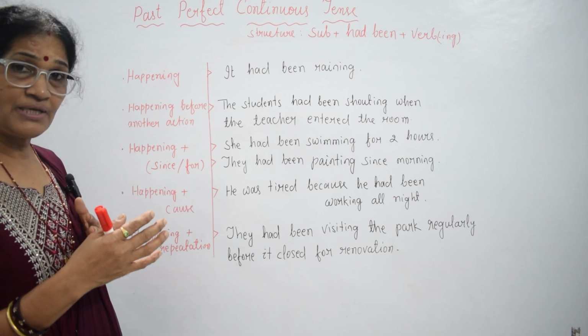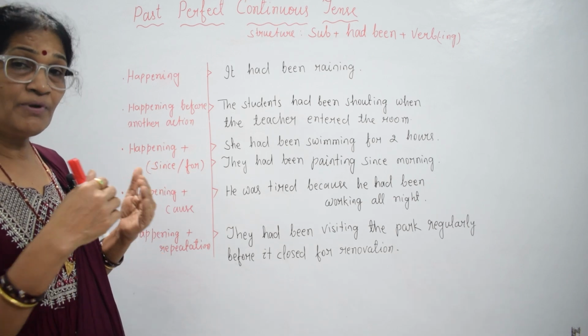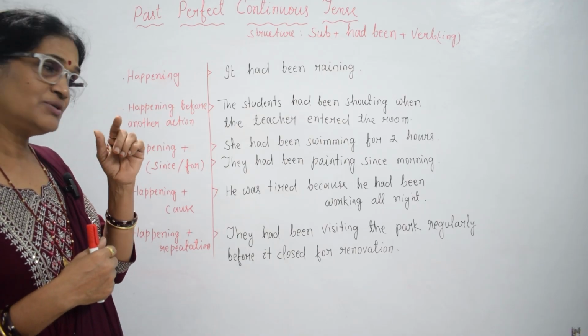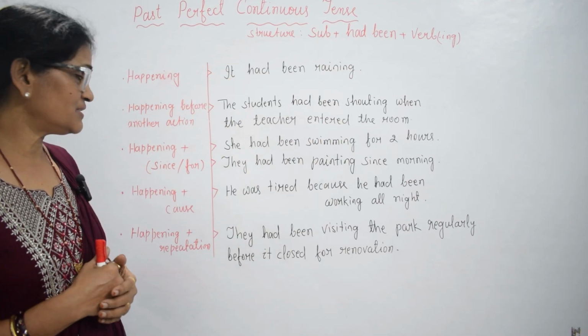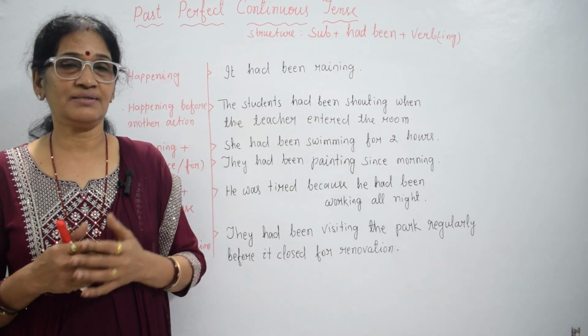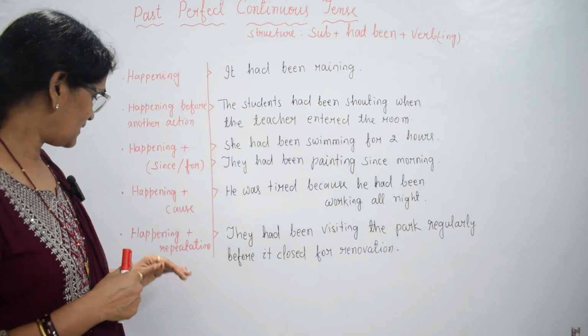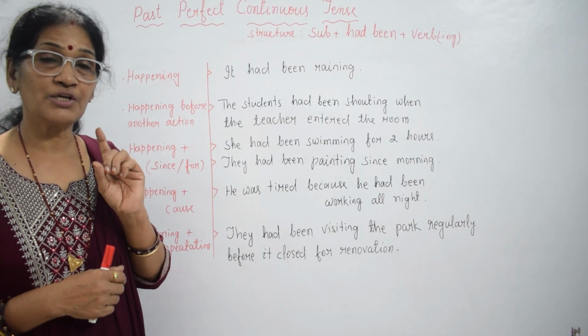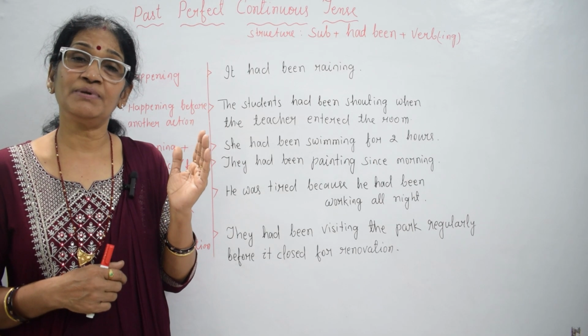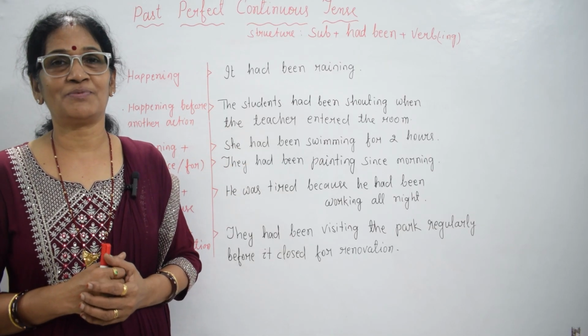When something is happening with some duration or from one point to another in the past, we use past perfect continuous. When something is happening for any reason in the past, we use past perfect continuous. And also we use past perfect continuous when something was happening repeatedly in the past. For that expression, we use past perfect continuous.